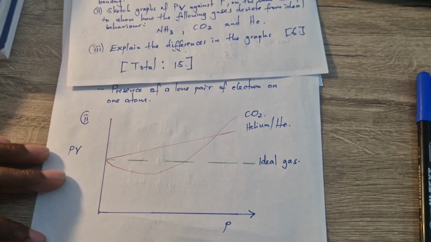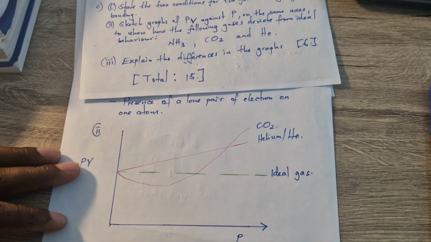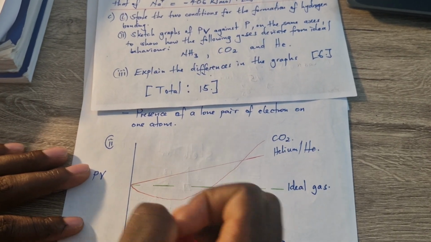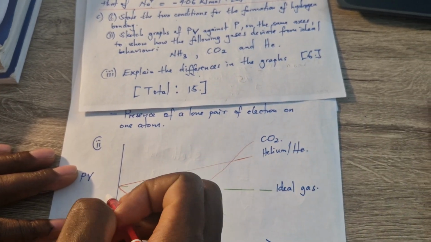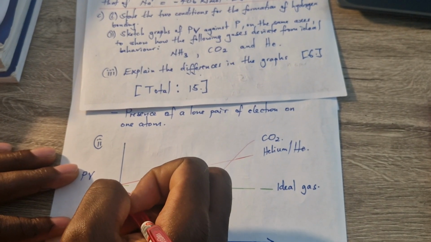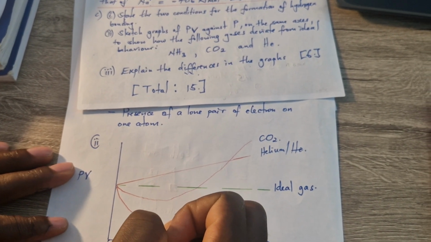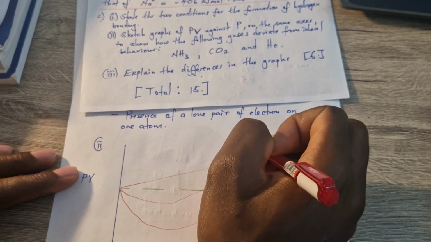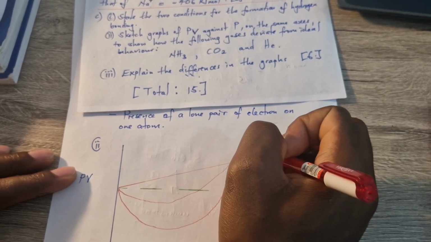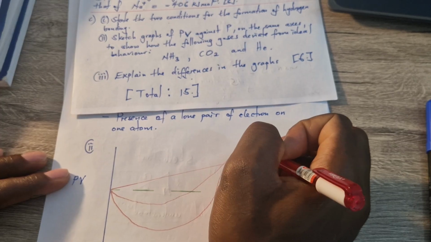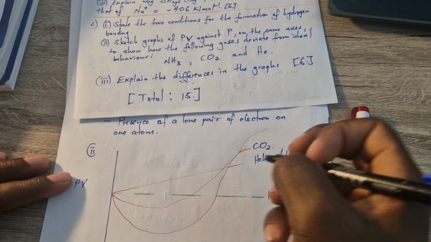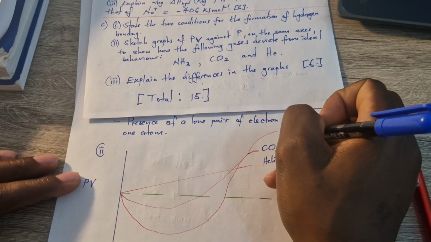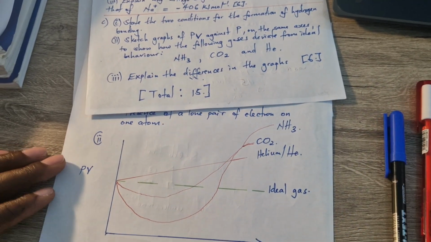So for the last one, which is ammonia, this one deviates the most from ideality than other gases. So I can show it like this. So you can see it deviates more from ideality. So this one I can say this is for NH3, which is ammonia.